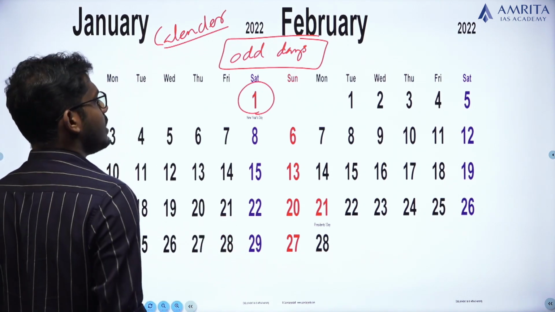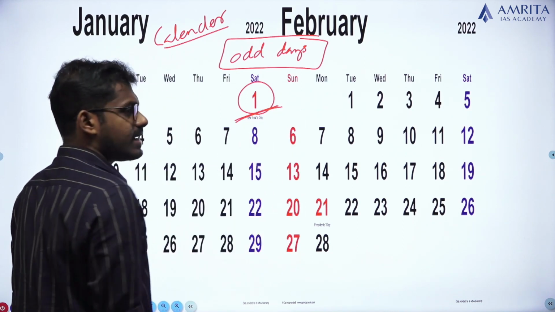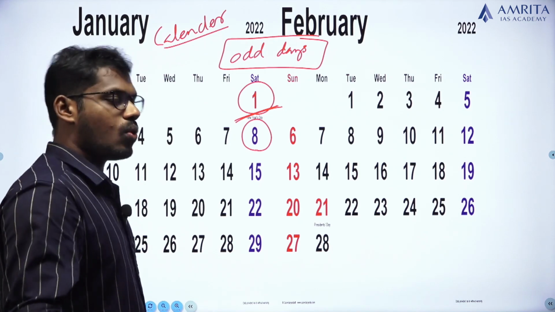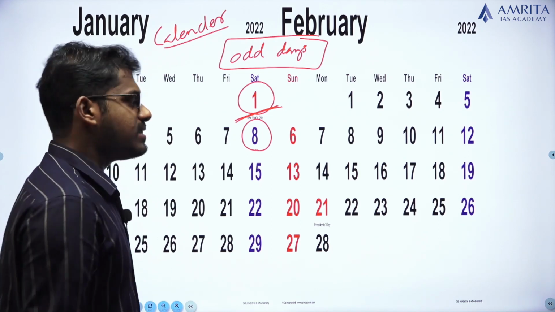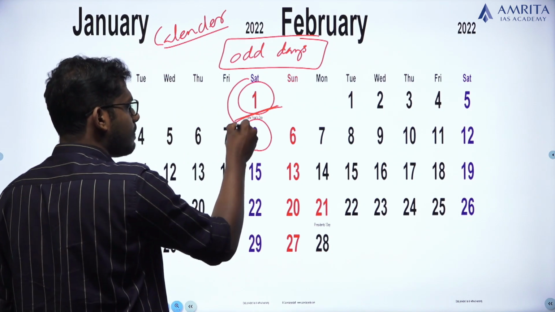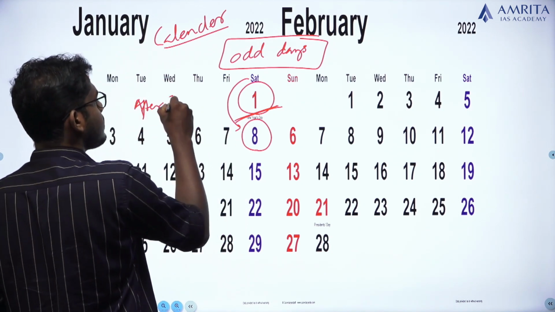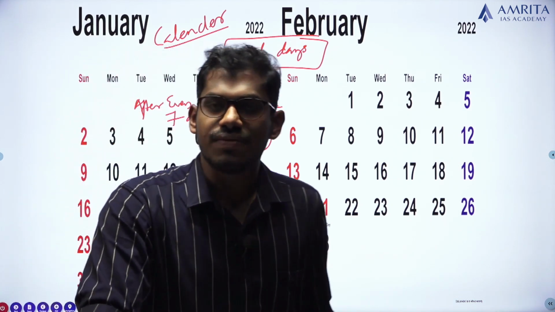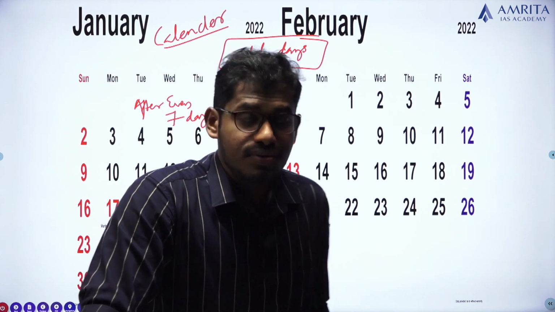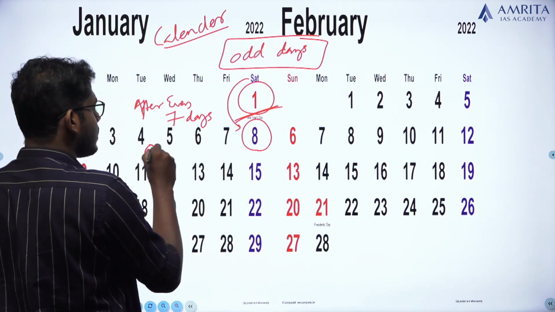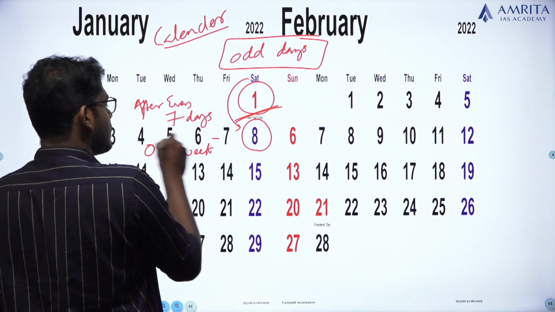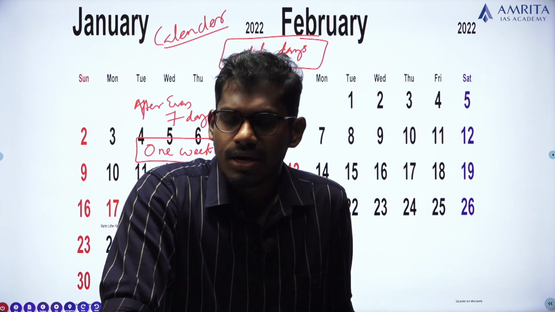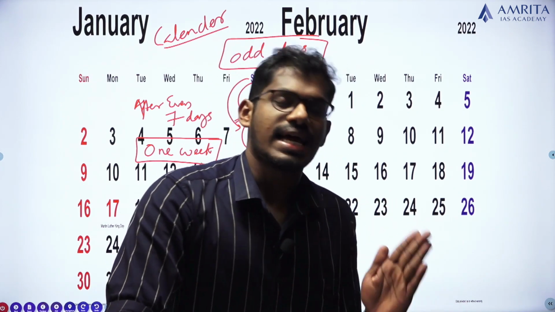In Jan 2022, the first day, the New Year day, is Saturday, and the 8th day of the month is also Saturday, which means that the same day repeats after every 7 days. After every 1 week, the same day repeats. This is a basic and common understanding. Clear? Okay.